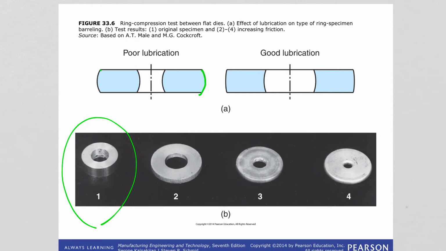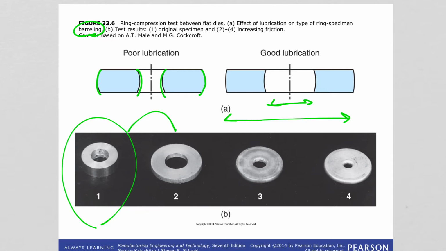We have seen that, if you remember, in both the inner diameter and outer diameter there will be barreling. With good lubrication, where friction is nearly zero at the interface of the specimen and the dies, both the inner and outer diameters of the ring expand. As you see, this expands and this expands, compared to the original structure here.